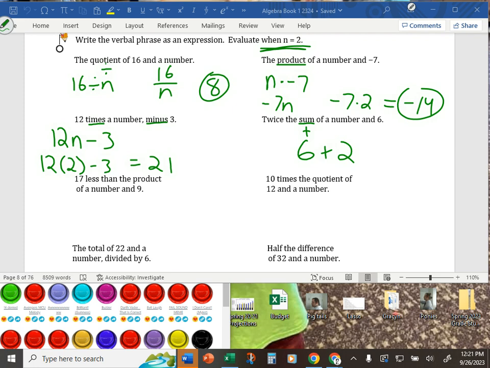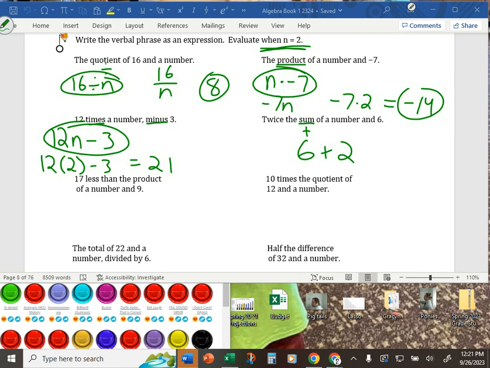Where are you getting this 2 from? I want the n. See how I have an n here, an n here, an n here? Write the expression.